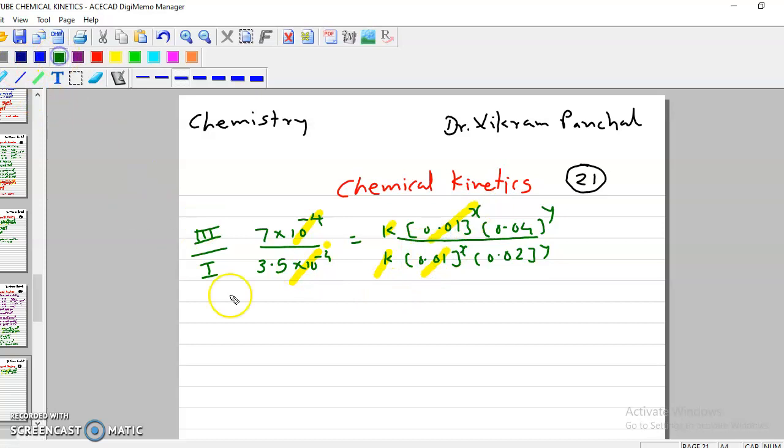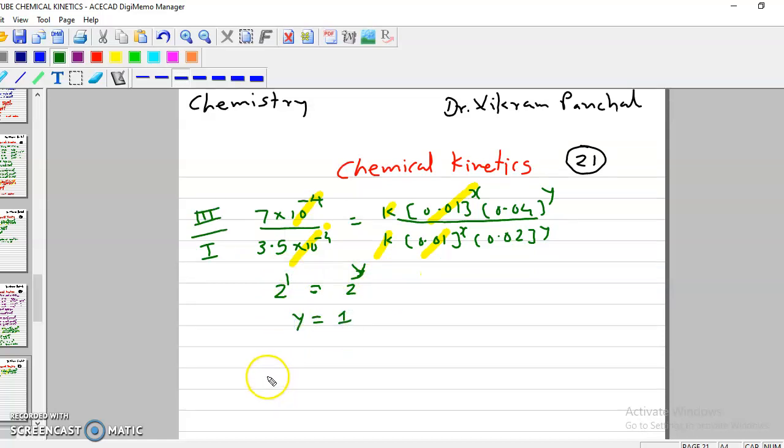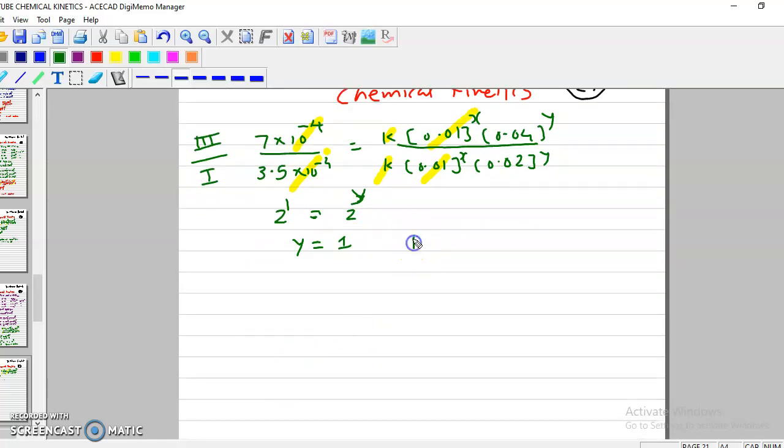So only 7 upon 3.5 is 2. This is equal to 2 raised to Y. As 2 raised to 1 is equal to 2 raised to Y, we can say Y is equal to 1. So this way Y is equal to 1, which means it is a first order reaction with respect to chlorine.